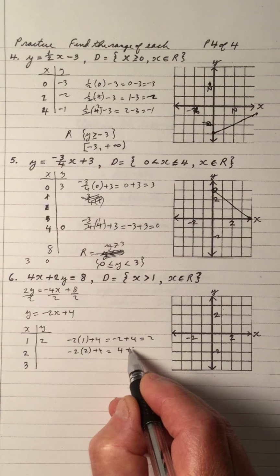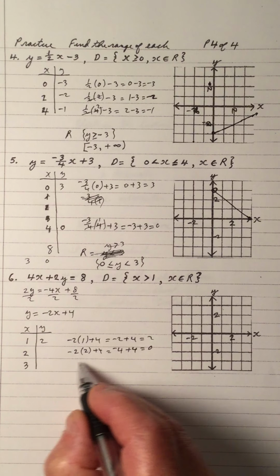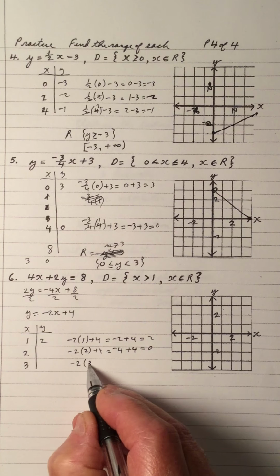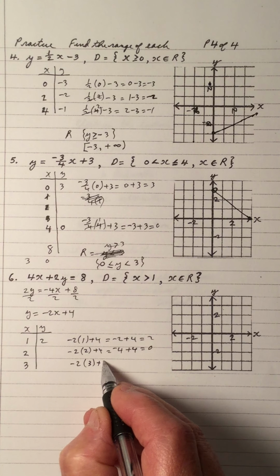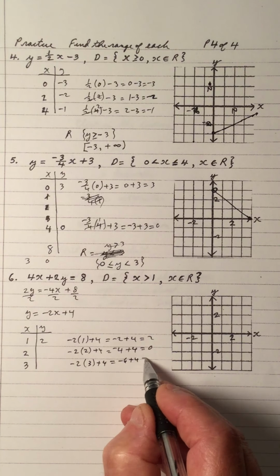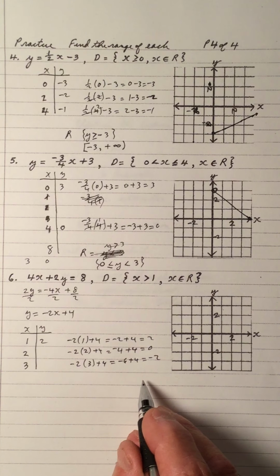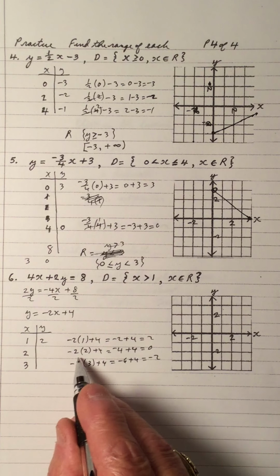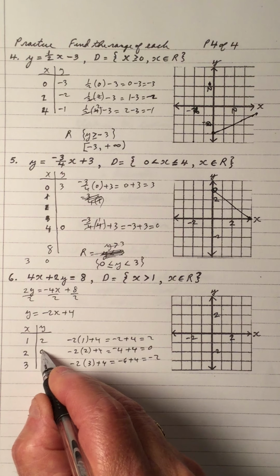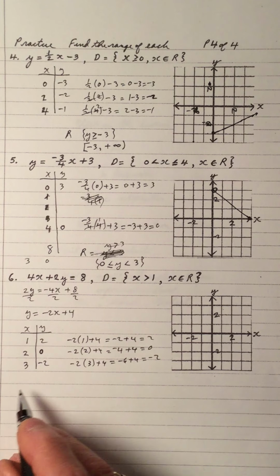Negative 4 plus 4 is 0. Let's put a 3 in the place of x. Negative 6 plus 4 is negative 2. And so 2 gave me a 0. A 3 gave me negative 2.